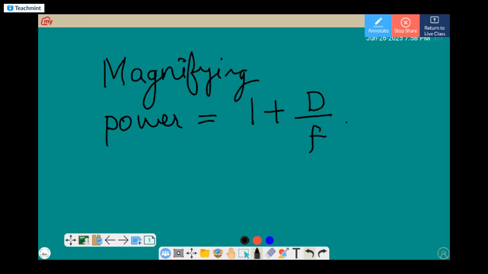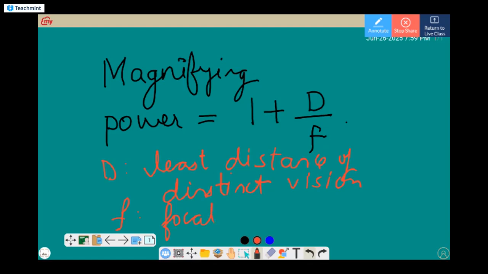Now this D is the least distance of distant vision. If you're taking a normal eye, you're going to take 25 centimeters. And small f means the focal length of the lens.